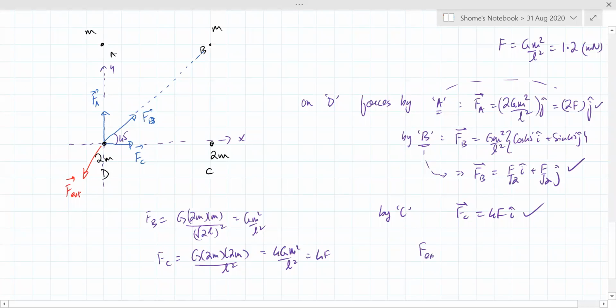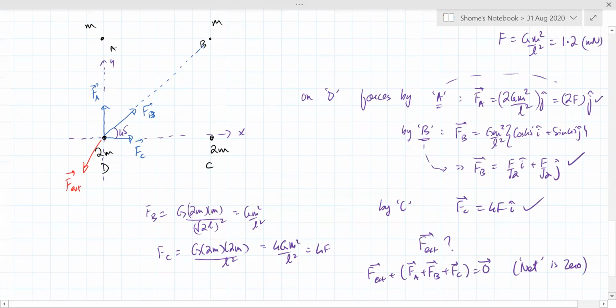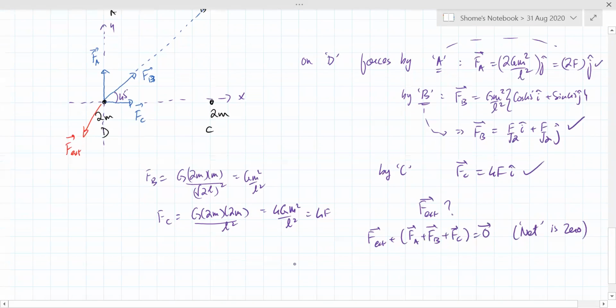Now the force applied by the external agent will be such that the sum of all these forces should be 0, because the net force is 0 because you're holding it in place. So you can see that FA plus FB plus FC this time will be how much?